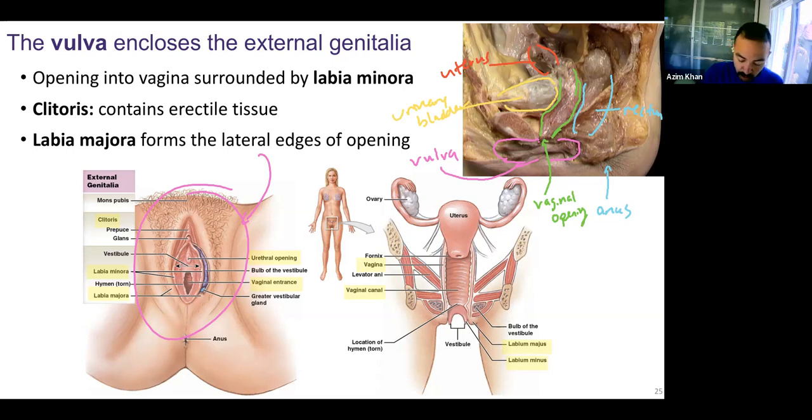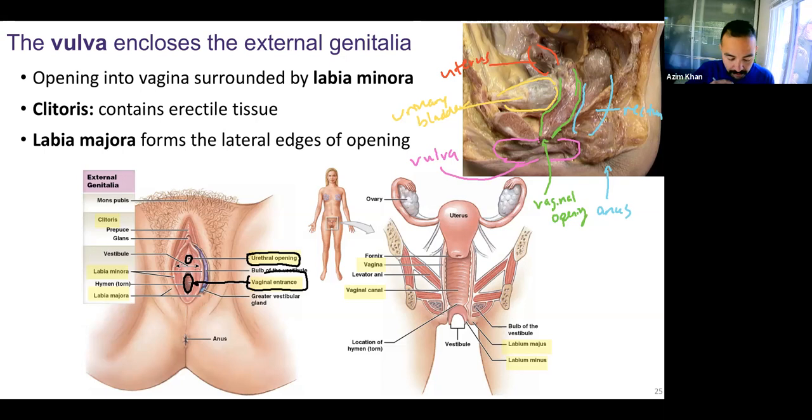You can see the vaginal opening right here. Anterior to the vaginal entrance, because remember we're looking from an inferior view, you can see the urethra. People with vaginas don't have semen passing through it, but the urethral opening is located in the same area of the vulva.